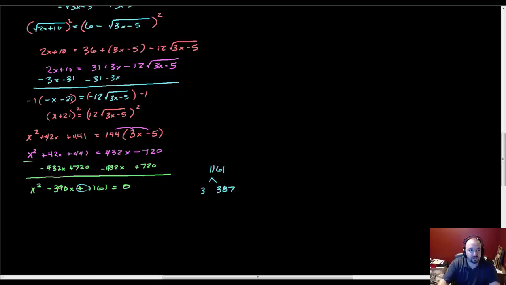So this is going to break down into x minus 3 and x minus 387 is equal to 0. Setting both equal to 0, it's x minus 3 equals 0 or x minus 387 equals 0. Finally, just cleaning this up, x is equal to 3 or x is equal to 387.